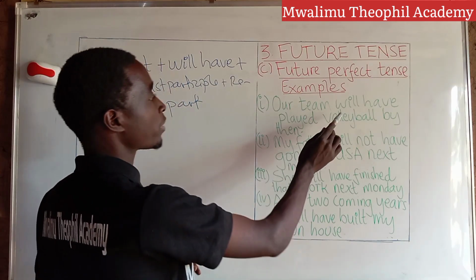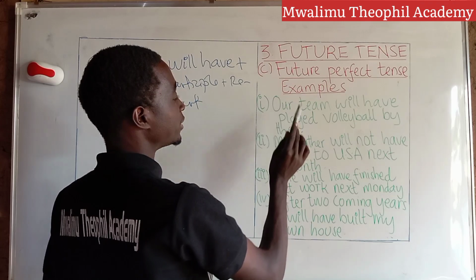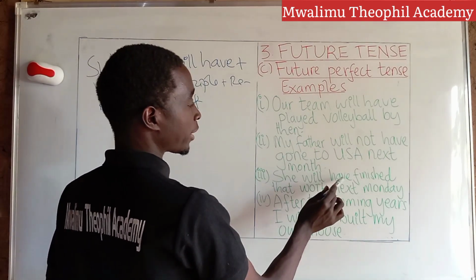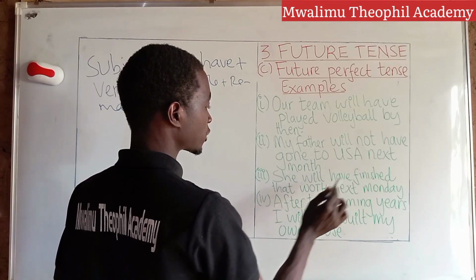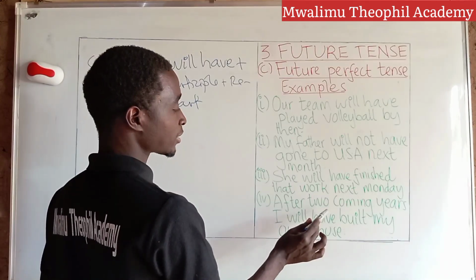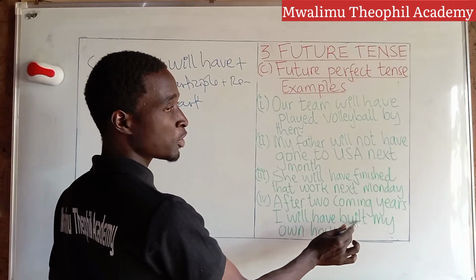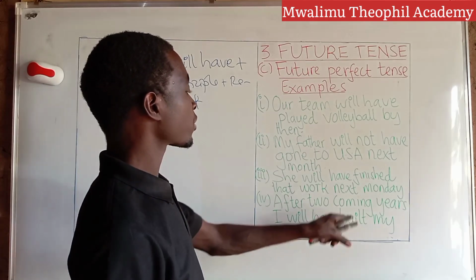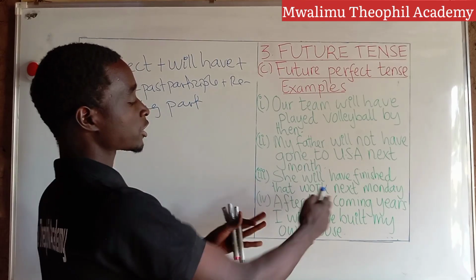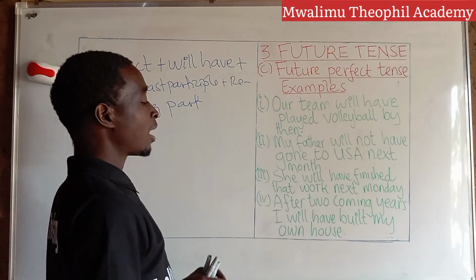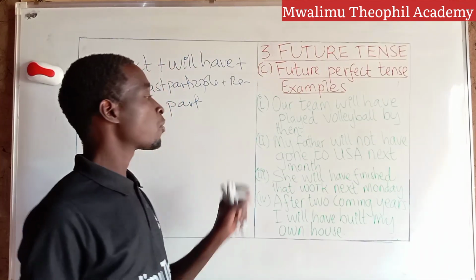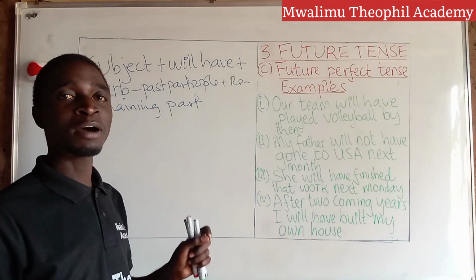For example, here we have will have played, will not have gone, will have finished, and in the last sentence, will have built. So you may find all of these main verbs are in past participle, and they have been written after the phrase will have. So this is the way we construct various sentences in future perfect tense.